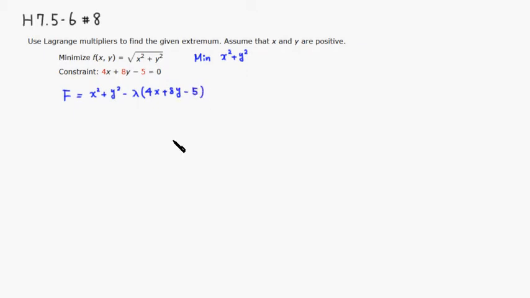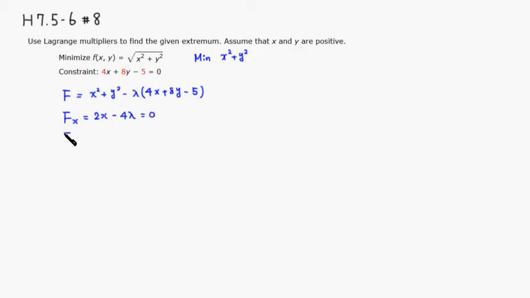So let's take the partial of capital F with respect to x. Partial of this is 2x, partial of that is 0, then partial of that gives you 4, so it's going to be negative 4 lambda, and let's set that equal to 0.